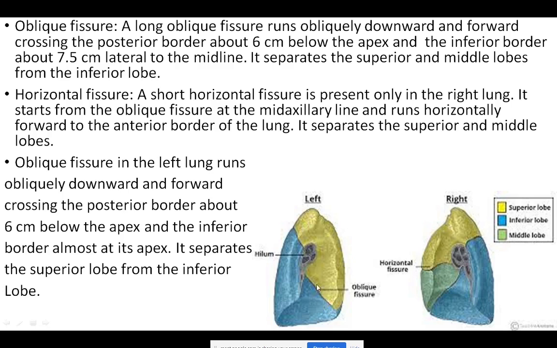This is the oblique fissure at the inferior border of the left lung. The oblique fissure ends at the apex of the inferior border of the left lung. It separates the inferior lobe and the superior lobe.